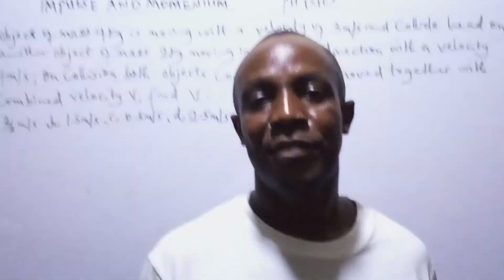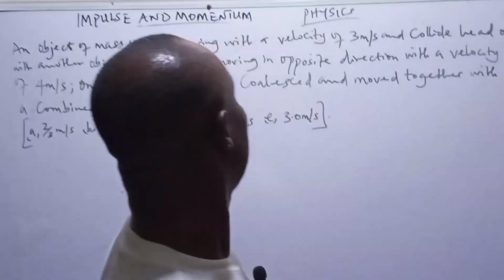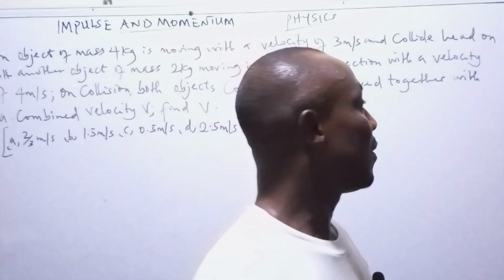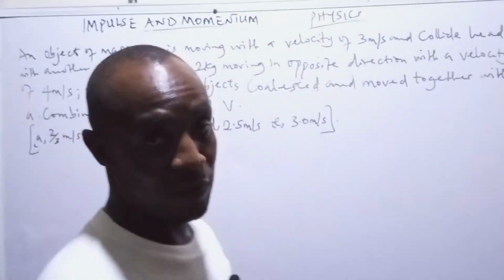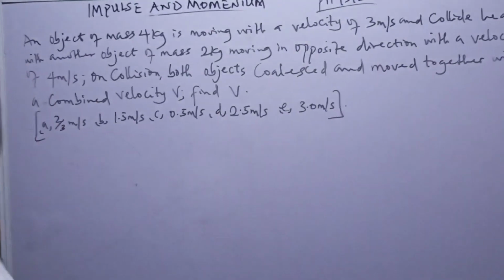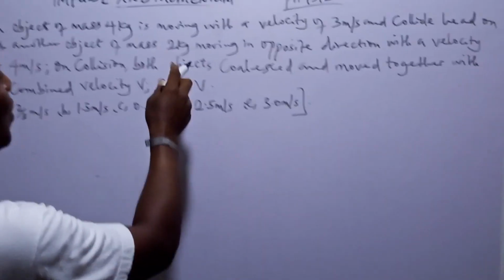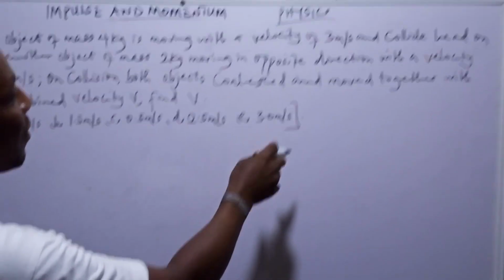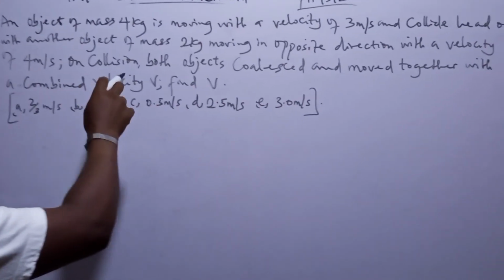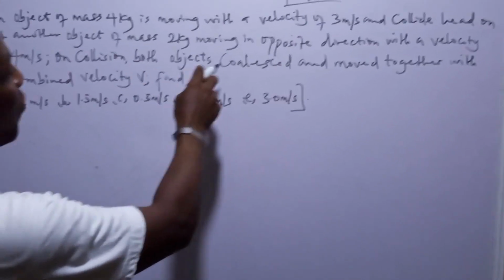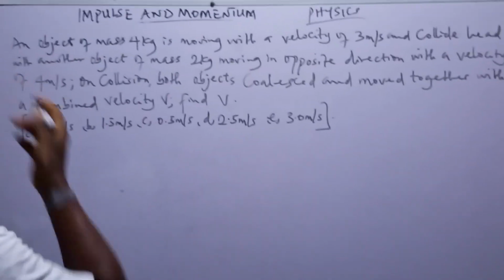Hi guys, welcome to class. Still on momentum, impulse and momentum. Right now we have another problem here that we have to solve. It states an object of mass 4 kg is moving with a velocity of 3 meters per second and collides head on with another object of mass 2 kg moving in the opposite direction with a velocity of 4 meters per second.